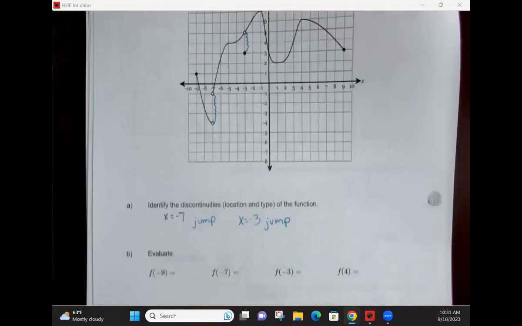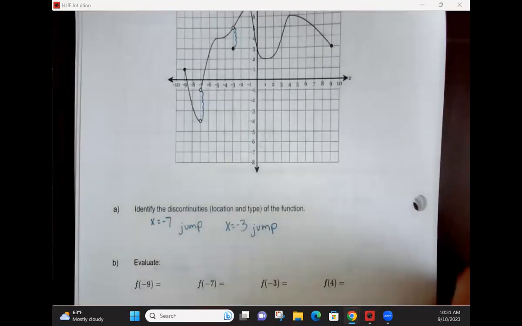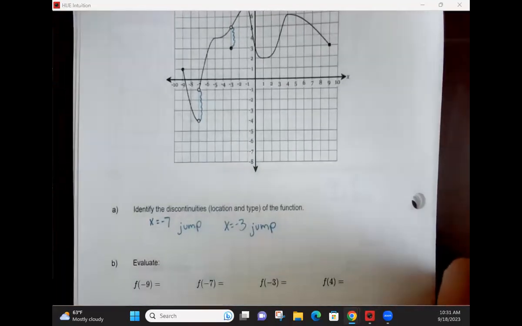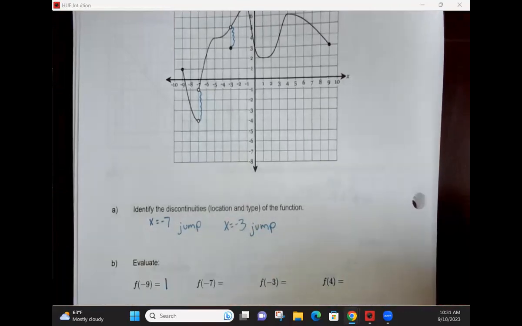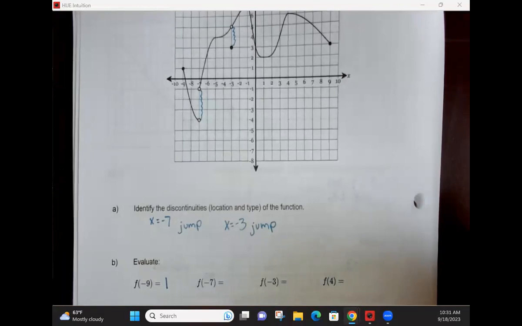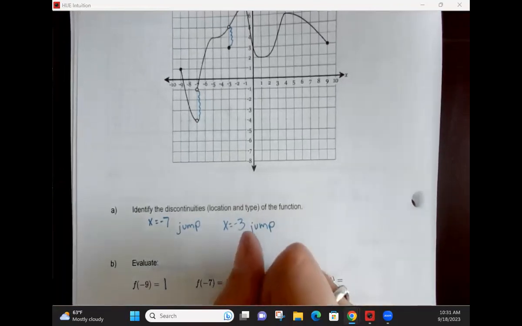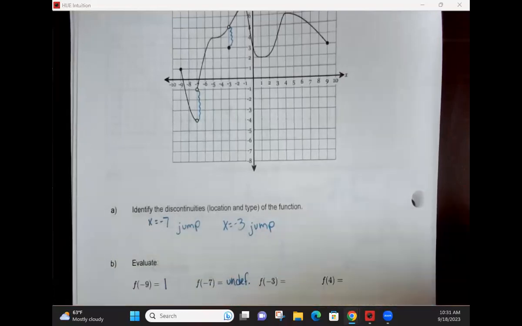What's f of -9? 1. What's f of -7? Undefined. What's f of -3?